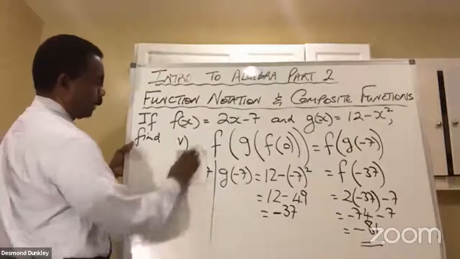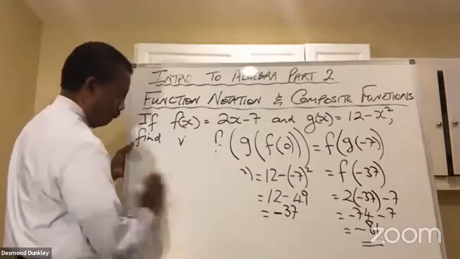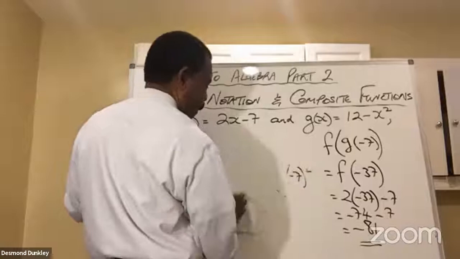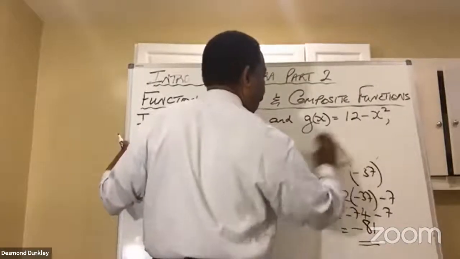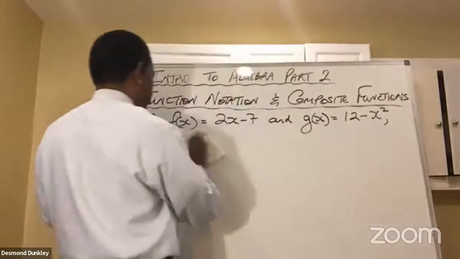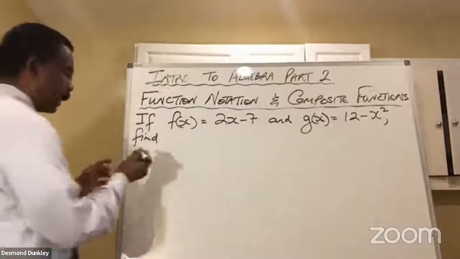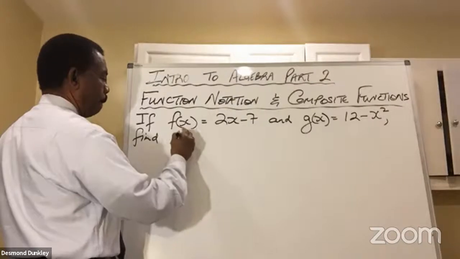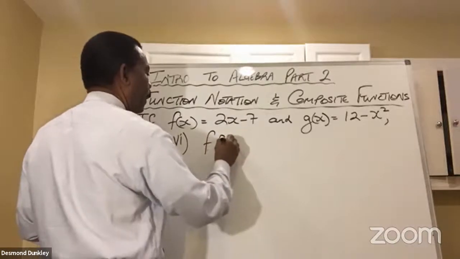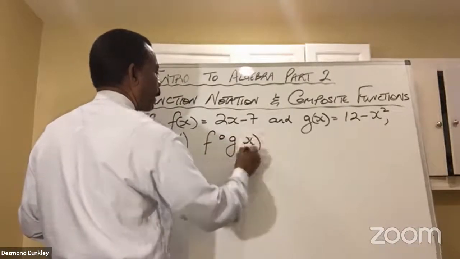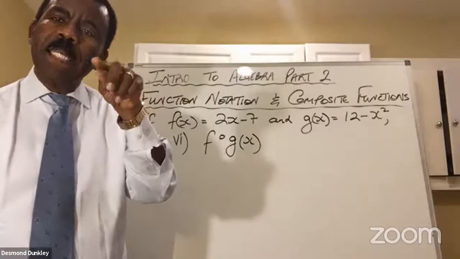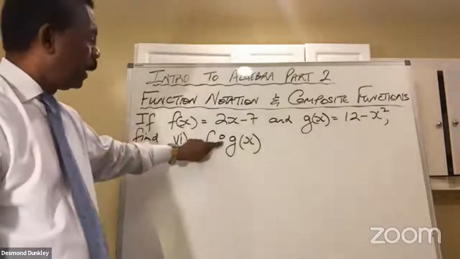So let's call that number 6. If you saw f composite g of x, it is f with a little o, like the degree symbol, raised up.